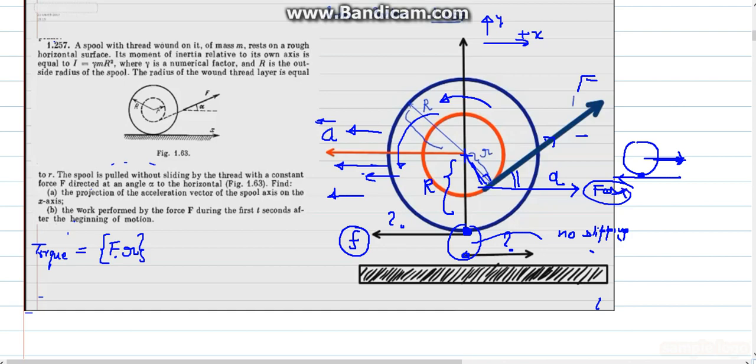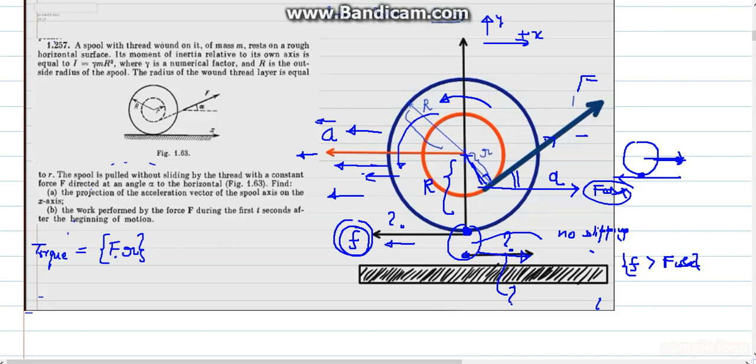There has to be a friction force in this direction, and F has to be greater than F cos alpha to make it move in this direction, because we are given it is rolling without slipping. We cannot have friction force in the other direction, because in that case we will not get the condition of rolling without slipping. So friction force is in this direction.